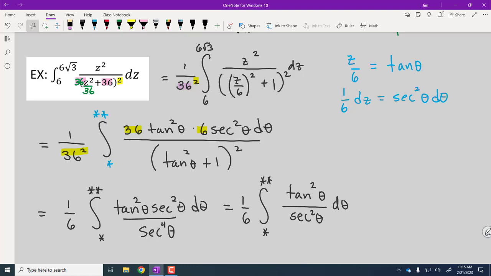Any other algebra snags? Linda? 36 tan squared. How did that... So this is z to the 2. If we look over here, z is 6 times tangent theta. So if we isolate the z right here, we'll have z is equal to 6 tan theta. And then we're going to square both sides to get to z squared.